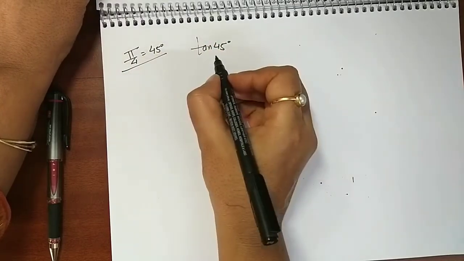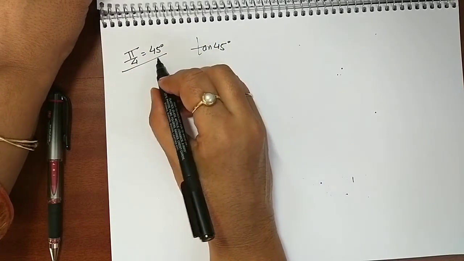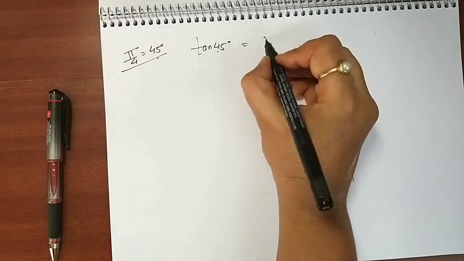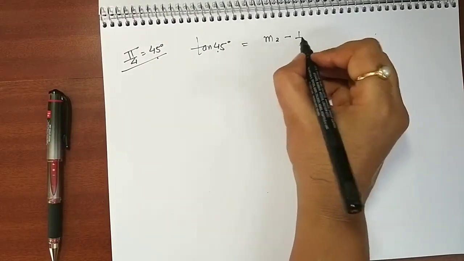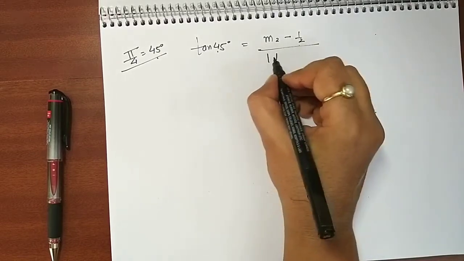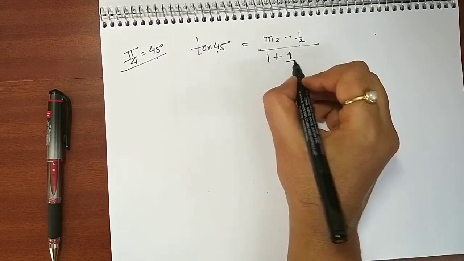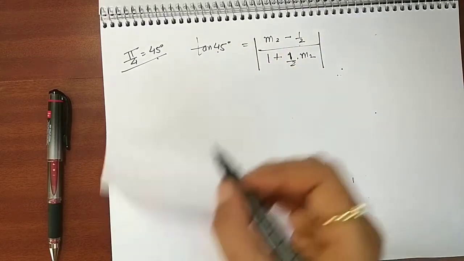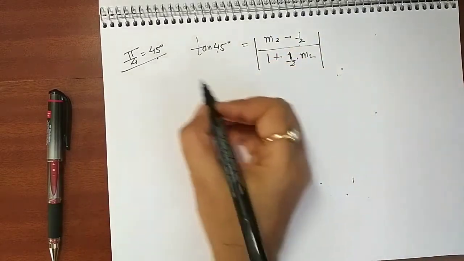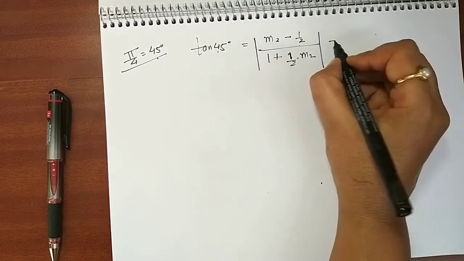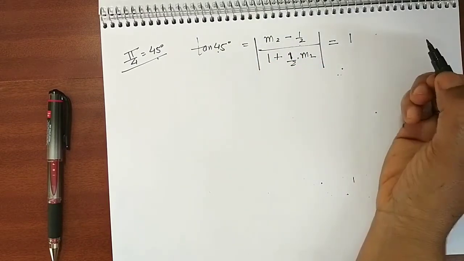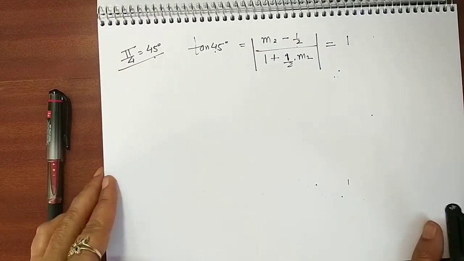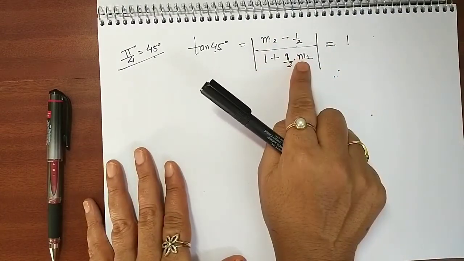Correct. So tan pi by 4, I am writing tan 45 is m2 minus m1, which is half, by 1 plus m1 into m2. Correct. So what is tan 45? Everybody knows it is nothing but 1. So I got this equation, and this I have to solve to calculate m2.